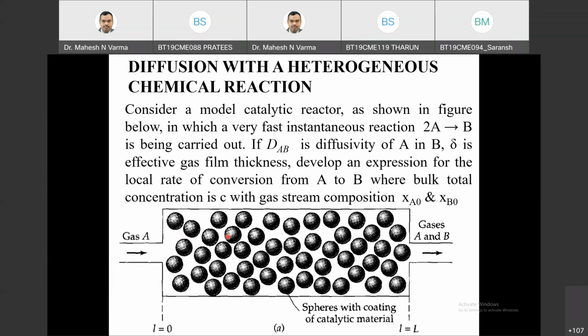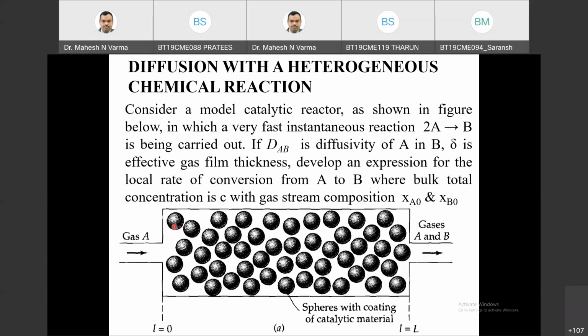Okay, so as far as all the problems which we have solved, we have solved so many problems where the bulk fluid concentration was constant. But here what is happening? The bulk of the fluid. This A molecule is going in here, reacting, and diffusing back. B molecule is diffusing back.